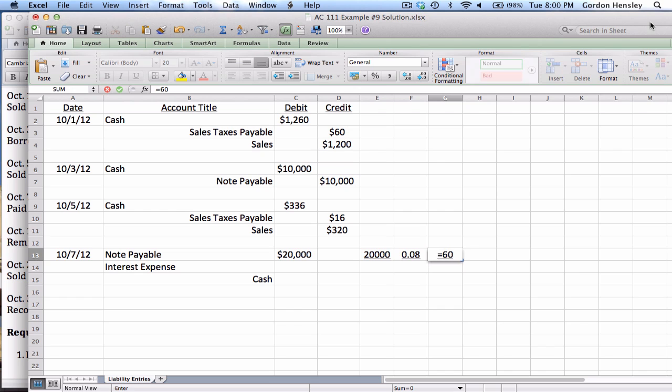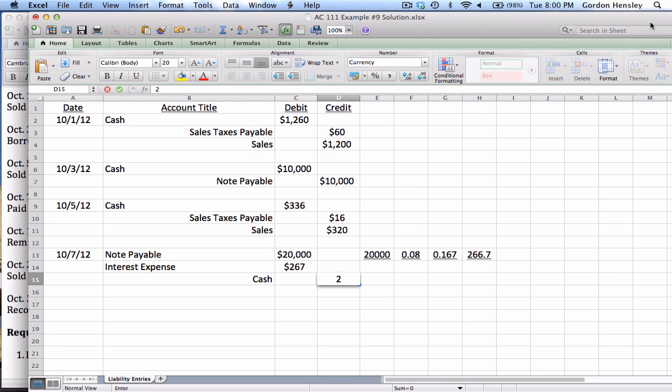So it's going to be 60 out of 360. So then I'm going to multiply all three of these elements together. P times R times T, principal times rate times time. I get 266.7. If I round to the dollar, it's about 267.